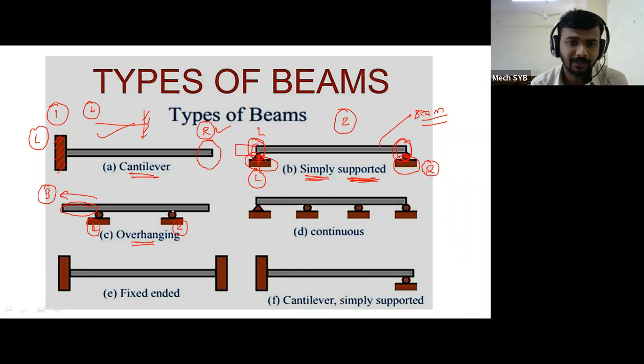Similarly at the right side the beam is extended beyond the support. म्हणजे राईट साइडला पण तुमचा बीम काय झालेला आहे? सपोर्टच्या बाहेरच्या बाजूला एक्सटेंड झालेला आहे. तर such types of beam structures are called overhanging beams.